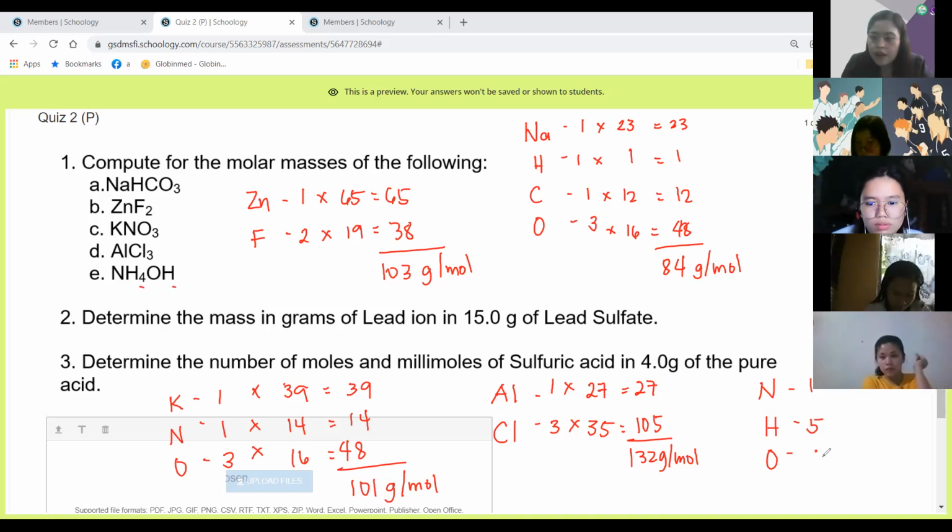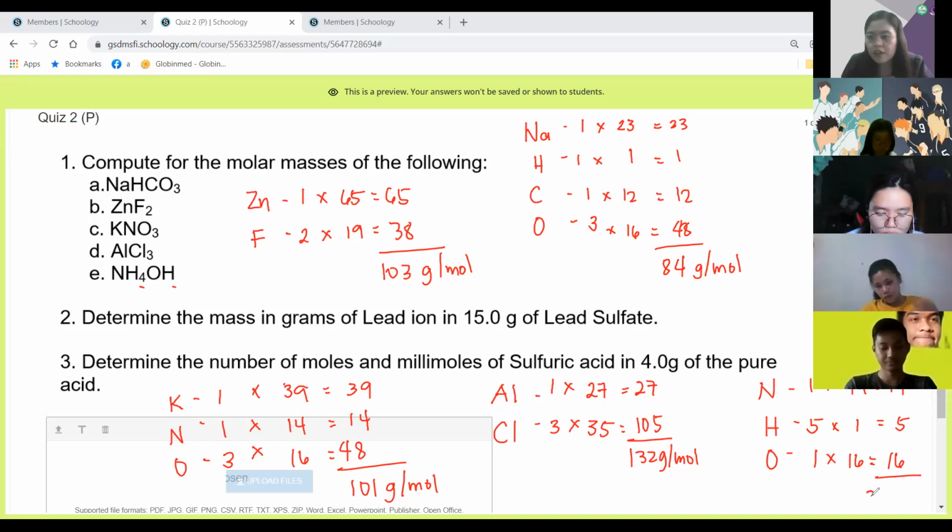You have 4 plus 1 here, and then 1 atom of oxygen. So this is 14. This is 1. And then this is 16. So all in all, for ammonium hydroxide, the molar mass is 35 grams per mole. Okay?